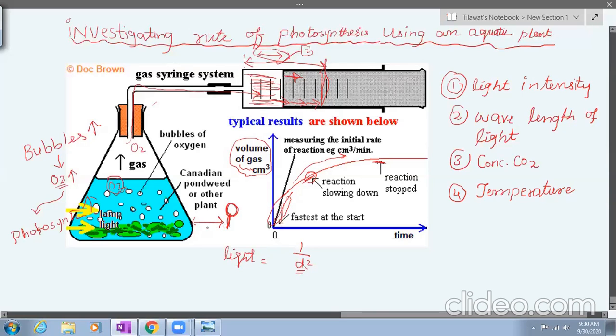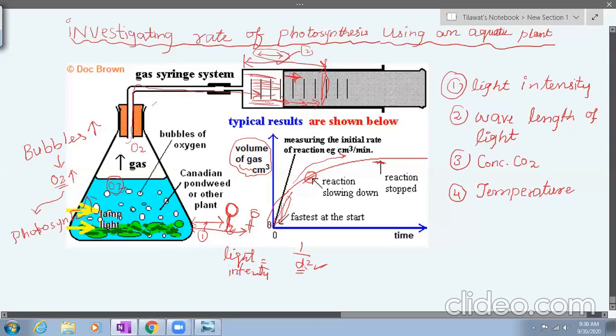Now look here. For example, in one experiment I keep this lamp here, and in another experiment I keep it here. So in the second experiment the distance is more. This one is for the first and this one for the second. The distance is increasing, so the light intensity is decreasing, because if distance increases, light intensity should decrease.